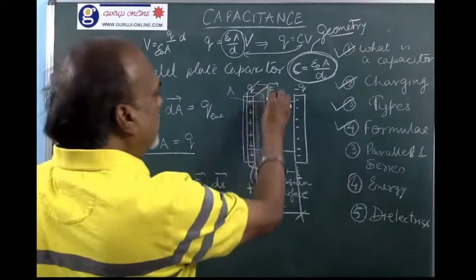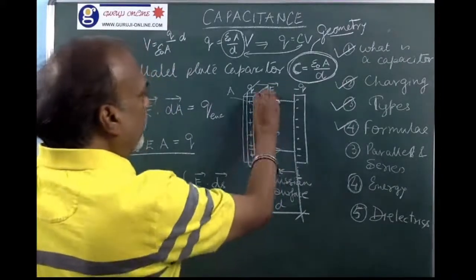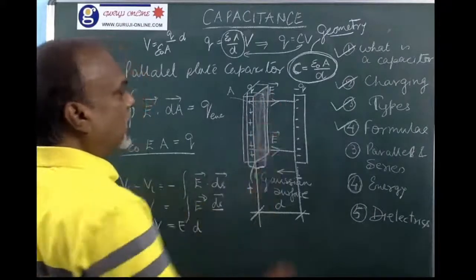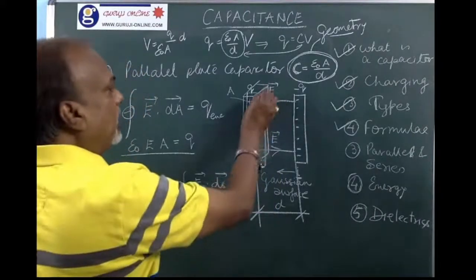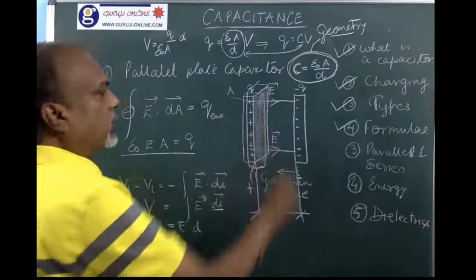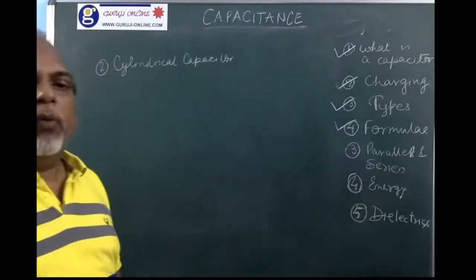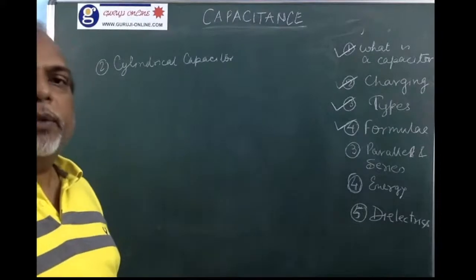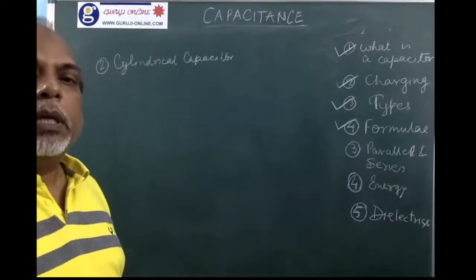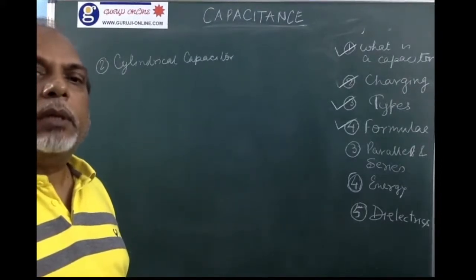This area is nothing but this area, parallel to this equipotential surface. Correct. Now let us see how we can calculate the capacitance in case of cylindrical capacitor.